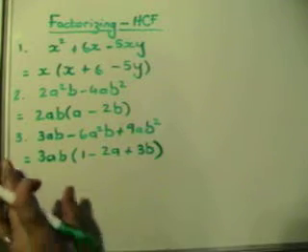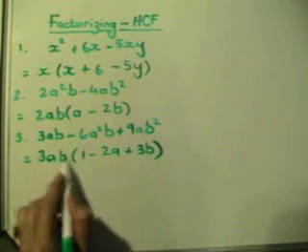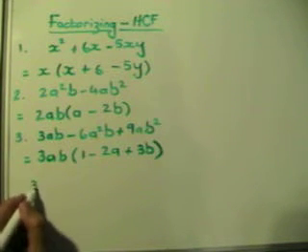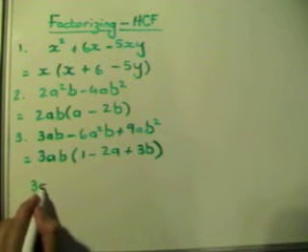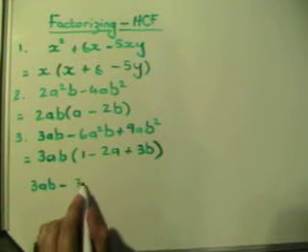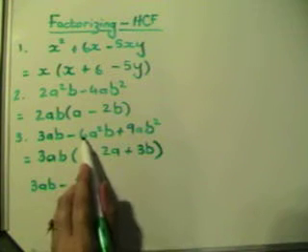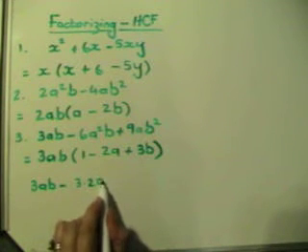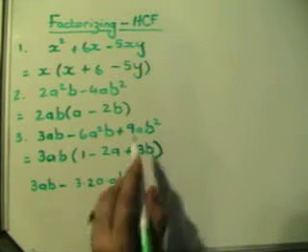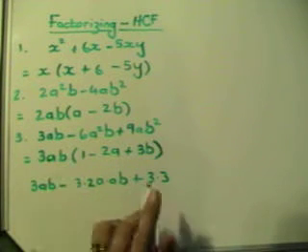Now, just to show you the other method with this one also, I determine that 3ab is going to be my common factor. I must do that step first anyway, and then I can write this as 3 times 2. I write the 6 as 3 times 2, the a squared as a times a, and then I also write the 9ab squared as 3 times 3, because I want to break up the 3, a and b loose.